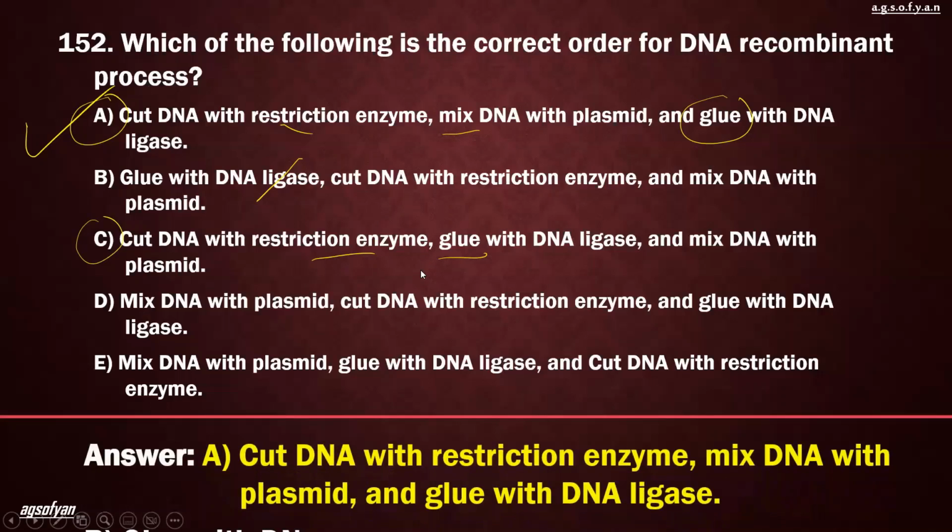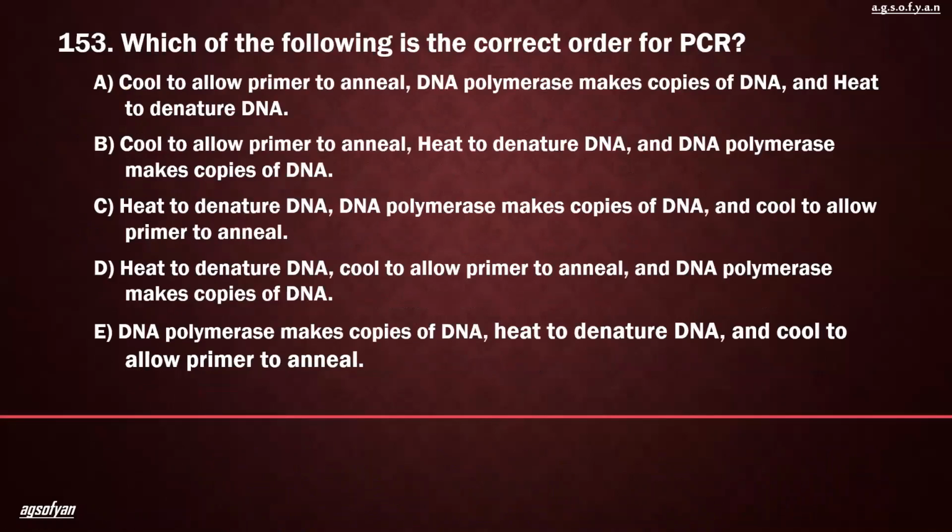Okay. Next one. Which of the following is the correct order of PCR? Again, we don't really have this in our lecture, but this is part of your exam because it is in the textbook also. What is the first? We have to break the DNA, or denature the DNA. How do we do it? We put it in the heat.